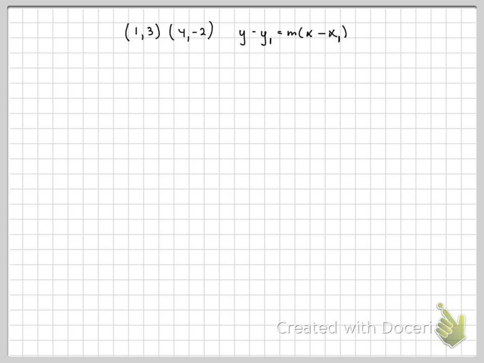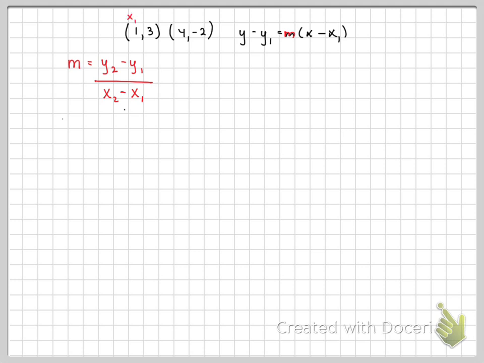We have 2 coordinates. Okay, so we could pick either the first coordinate for x1, y1 or the second coordinate for x1, y1. What we don't have that we definitely need is the slope. Okay, we do not have the slope, but we do have a formula. y2 minus y1 over x2 minus x1.